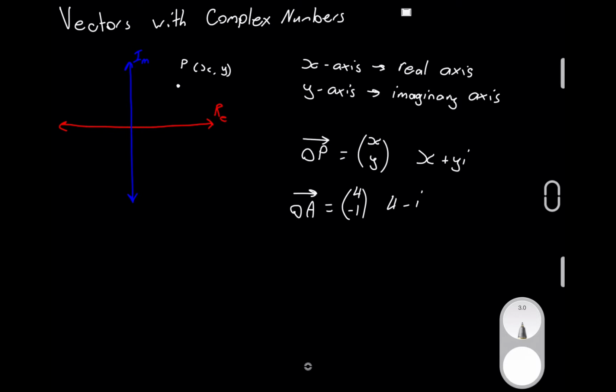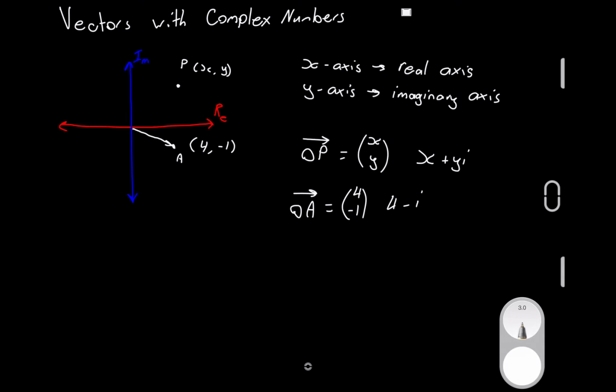What that means is we're going to be 4 over here on our real axis, and then minus 1 on our imaginary axis. So, for example, it could be down here. Let's go 4 minus 1. That's our point A, and our vector is going to be that there. And that's really how it works.